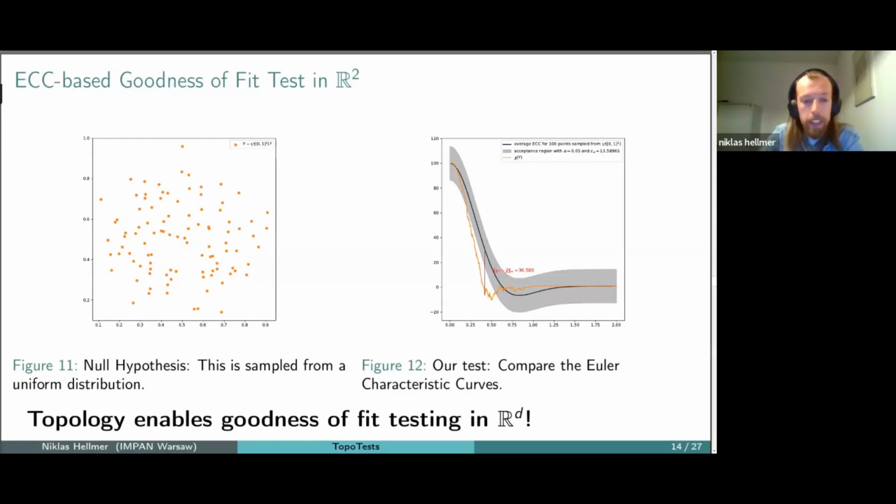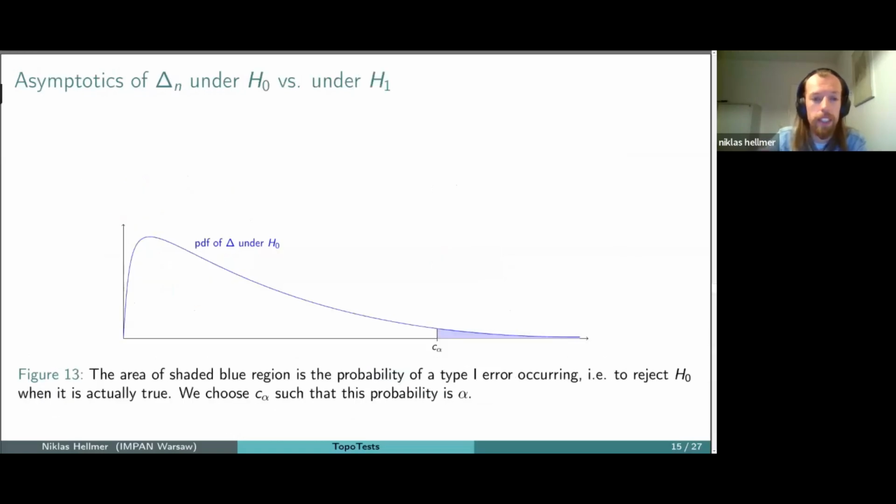So this is nice and this works in this example, but as mathematicians, we like proofs. So I want to give you at least the idea of the proof, but I don't want to dive into the details of the probability theory here. So the test statistic, remember that was the supremum distance. This is a random variable, so it has a certain distribution or a density histogram, right?